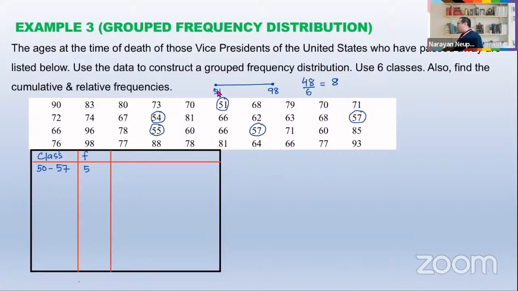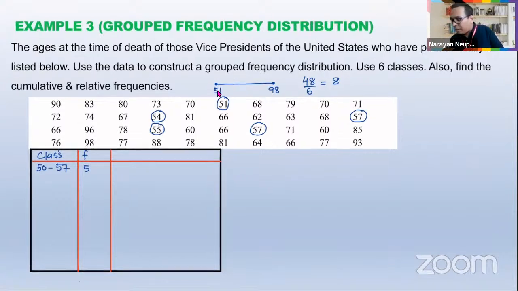Do you understand the process now? You have to make the group and count how many are in it. I'm going to finish writing all the groups, and then I'll ask you to count. Now the next one: we went up to 57, so the next number is 58.